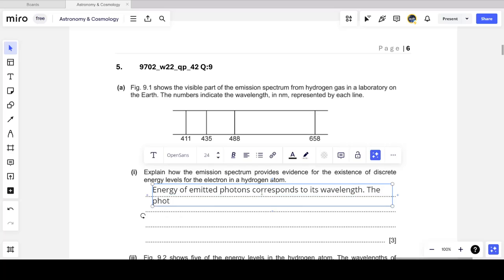And the photons that give off these specific lines are released whenever an electron undergoes a change in energy level. I can simply say when an electron changes energy level, or when there's a change in electron energy.